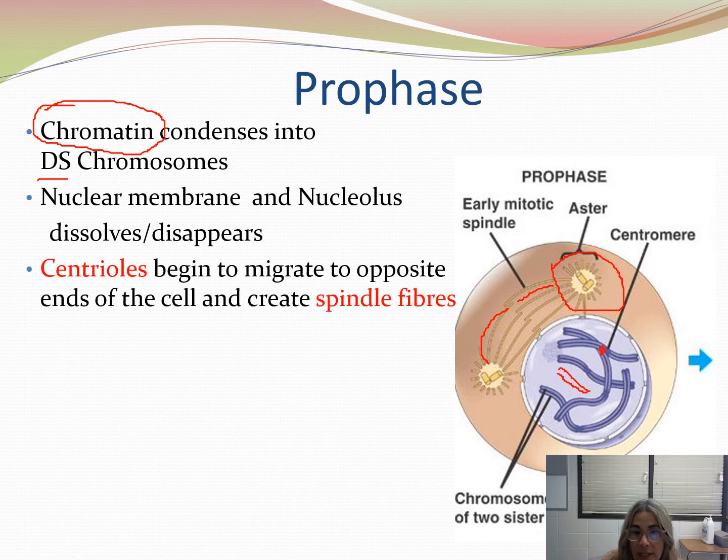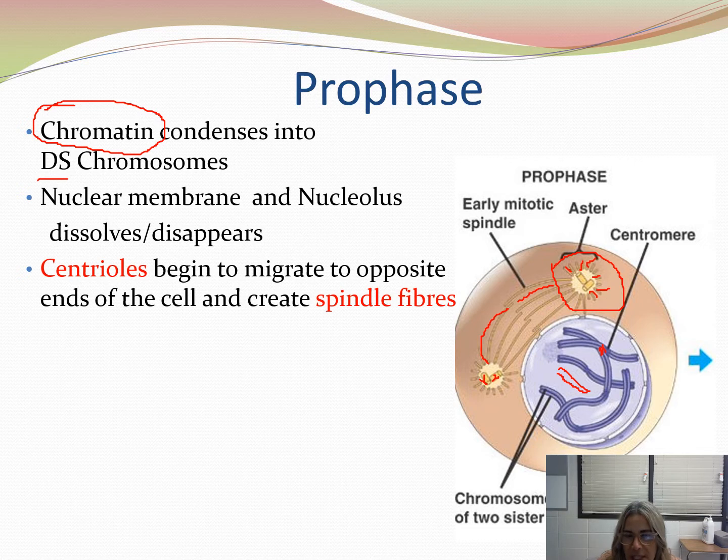The centrioles begin to migrate to opposite ends of the cell and create spindle fibers. So the centrioles are these little cylindrical structures, and then the asters are the little structures that radiate out from the centrioles. Now in our program of studies, we don't need to know asters specifically, but the centrioles we do.